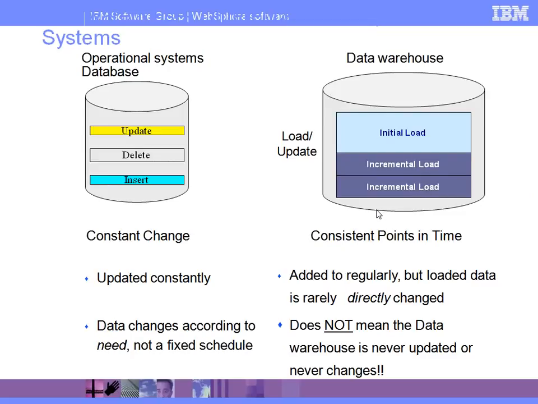That's called simply the initial load and the incremental load we do while loading data into the data warehouse system. Very simply, we can call it the initial load or incremental load process.